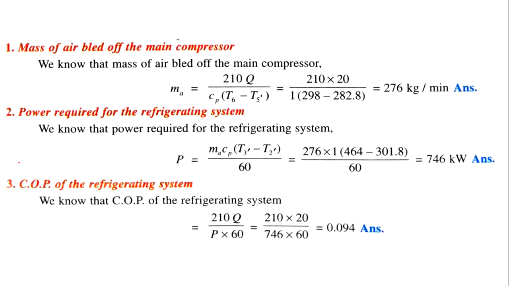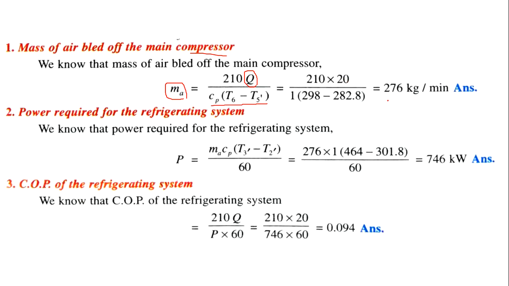When all the missing values are obtained, I can go for the parameters they asked. They asked to find the mass of air bled off the main compressor, MA, which is equal to 210 Q divided by Cp into (T6 minus T5 dash), where Q is the tons of refrigeration. This is the quantity of temperature being taken away in the cabin.